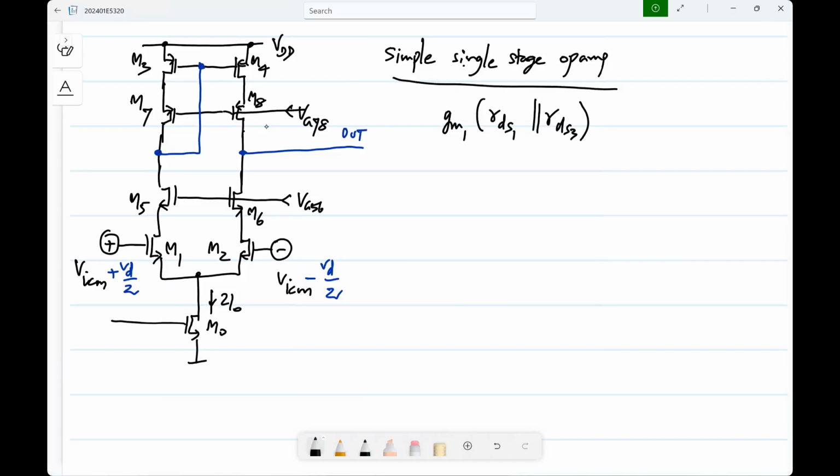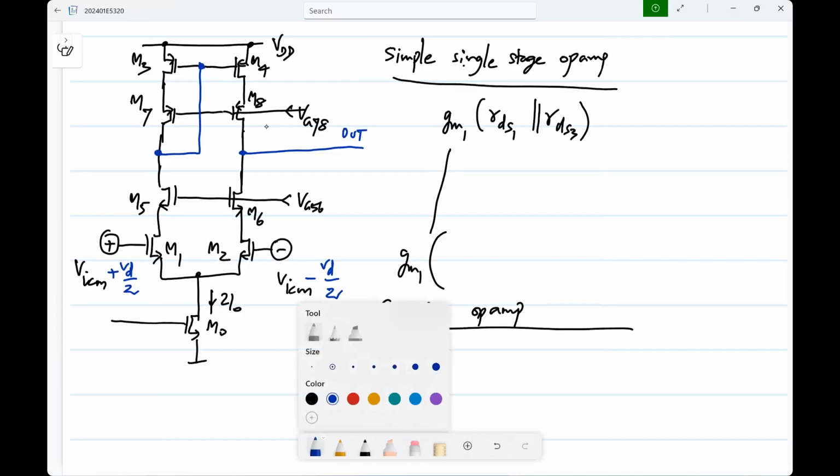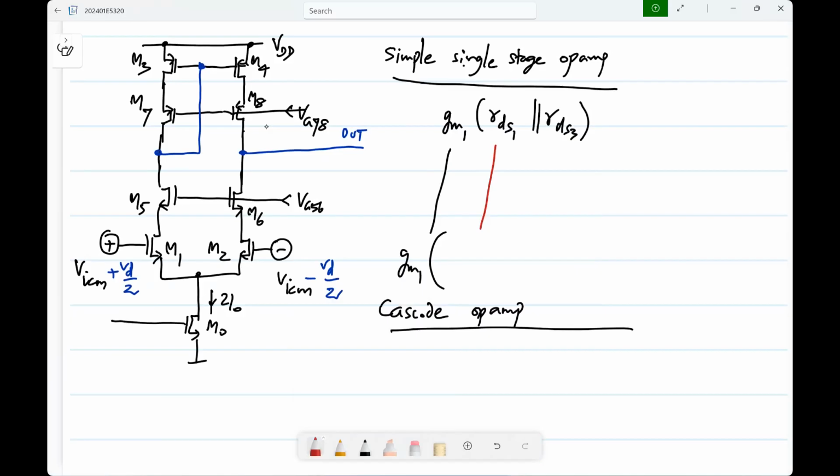So which parts change in this? In the cascode op amp, what happens to GM1? GM1 remains as GM1. Okay. And what happens to RDS1? Approximately it is its cascode device, GM5 RDS5 times RDS1. Of course, there will be plus RDS5 plus RDS1 and so on, which I'll ignore for now. And what happens to RDS3?